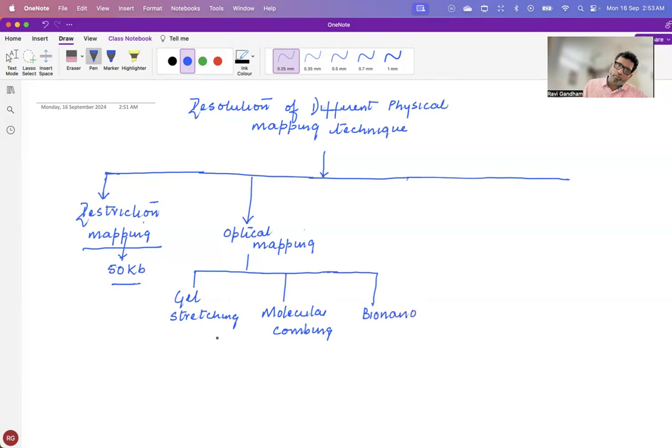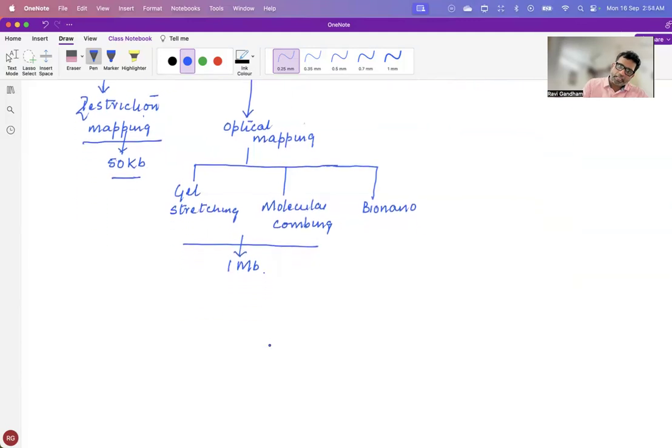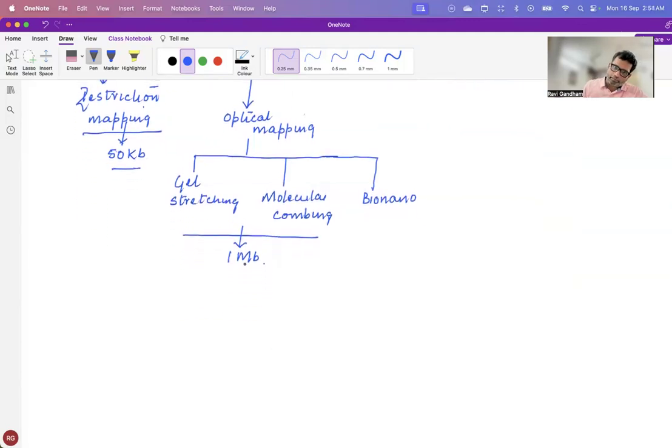We all know that these two techniques have been standardized with BAC clones having 1 MB in length. And the usage of this technique for lengths beyond 1 MB is limited. However, the resolution of this particular technique is 1 kb.